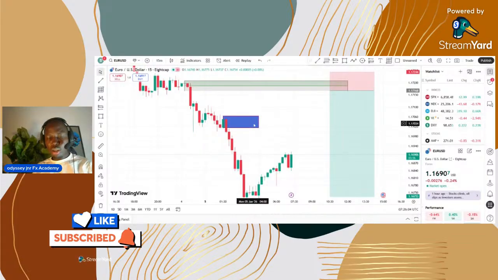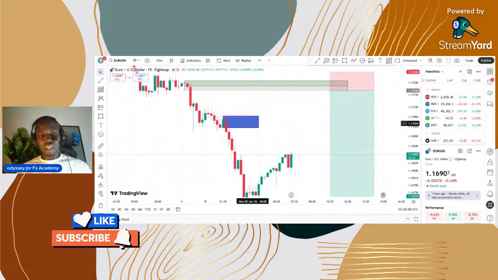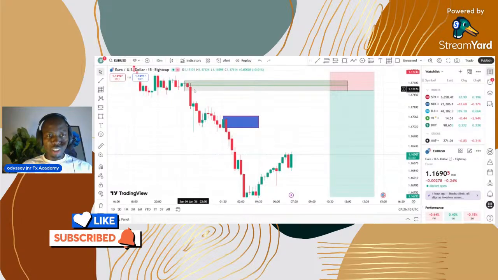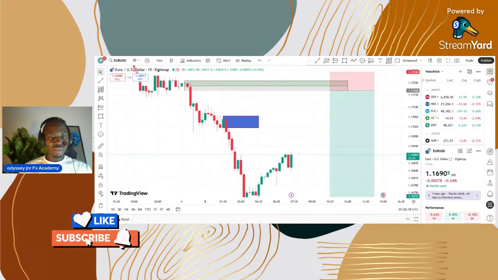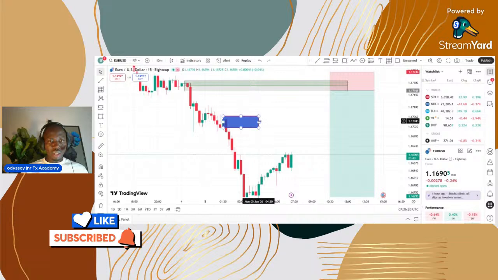If this now gives us a reversal candle pattern, then we either hit here or we go fully here. So pay attention to this and ensure your eyes are open for this. So we can either enter here. Pay attention to whenever the market gets to this place.